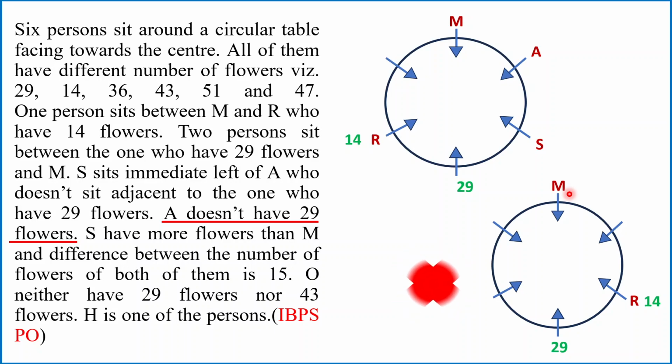I hope you understood why case number 2 is wrong: we have no place to place A and S according to the given condition.